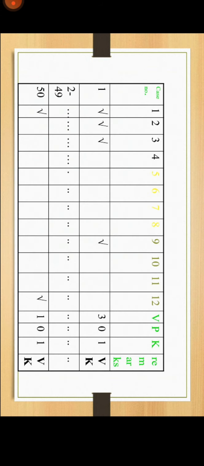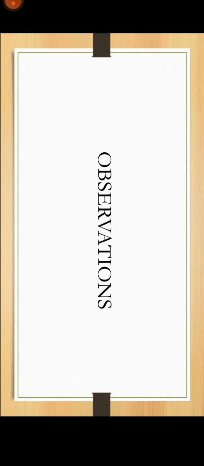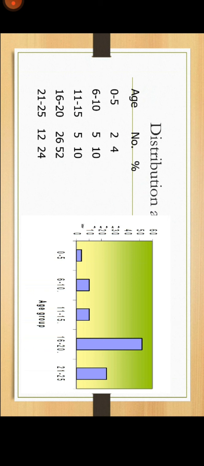Then a chart with reference to the symptoms of the patients, associated symptoms of dimness of vision. From that observation, we notice that in myopia, 4% of patients are from 0 to 5 years.